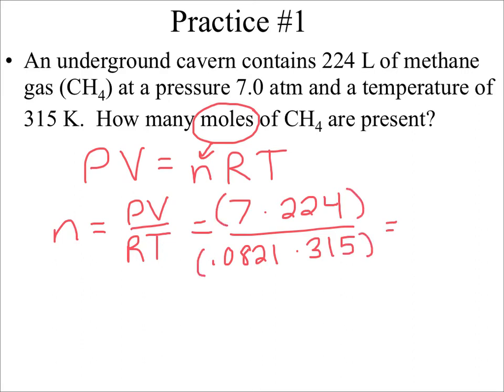Now if we take a second and calculate this, 7 times 224 divided by 0.0821 times 315 equals 60.6 moles of methane.